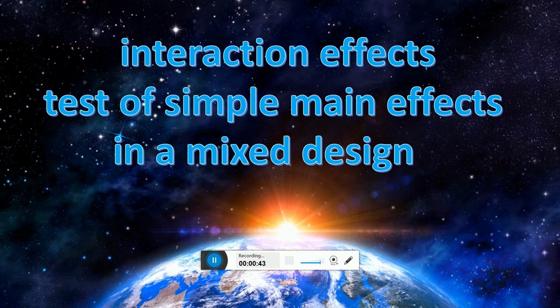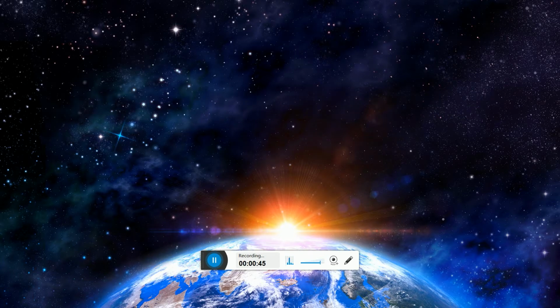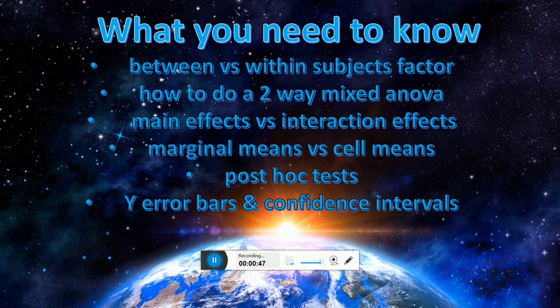But before we begin, it would be very helpful if you knew the topics that are listed here on this page. So for example, between versus within subjects factor, how to do a two-way mixed ANOVA. I'm going to assume you've done that since we're following it up right now with more analyses.